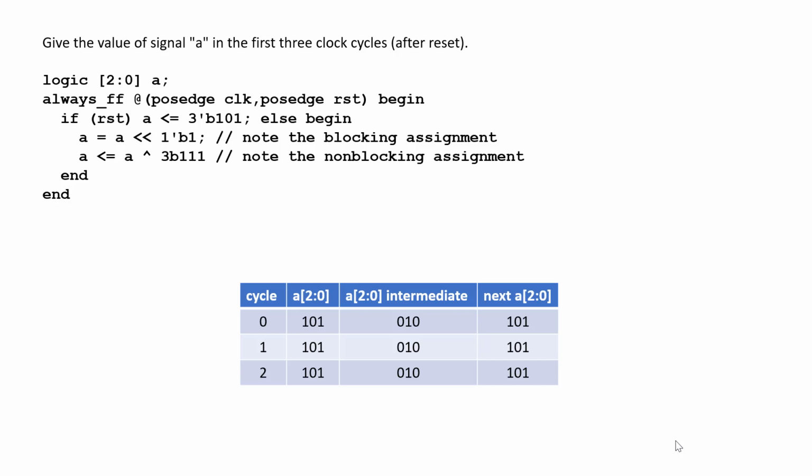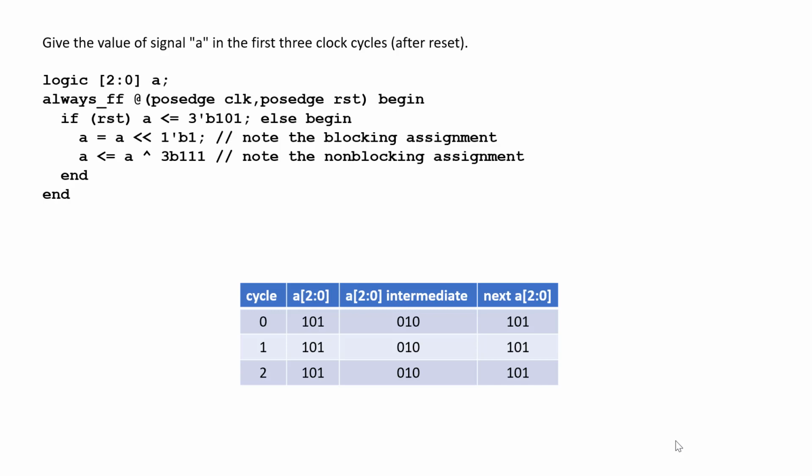Okay, so in order to calculate this, I built this table and I have this row called intermediate, which is the result from the first line of code, right? So if A is 101, which it is when you reset, then when you shift by 1 bit to the left, you get 0, 1, 0, because that leading 1 gets shifted off, and you shift in a 0.